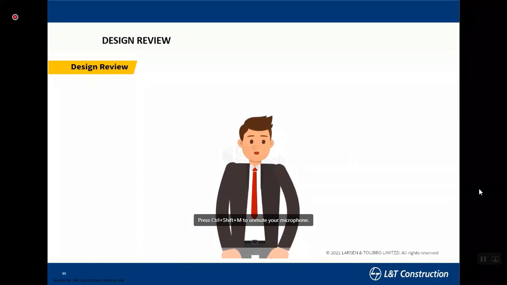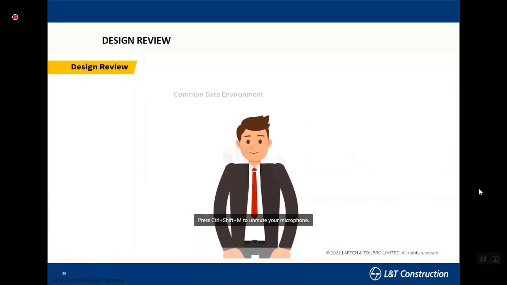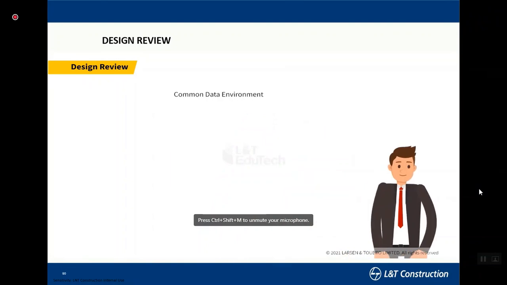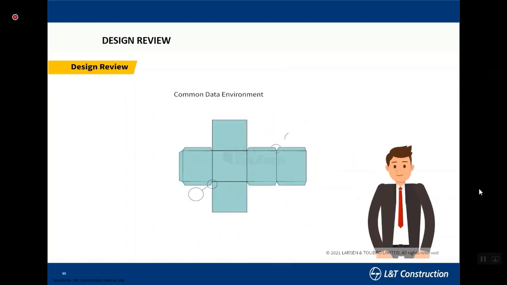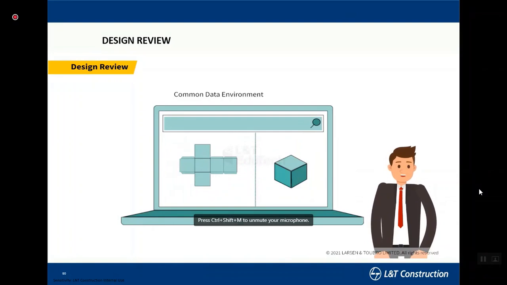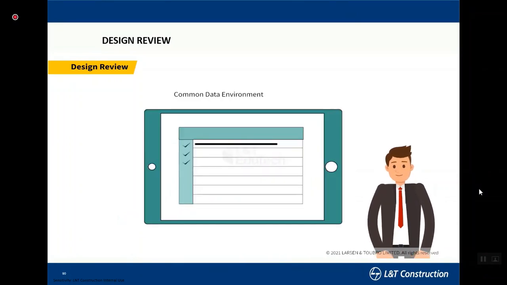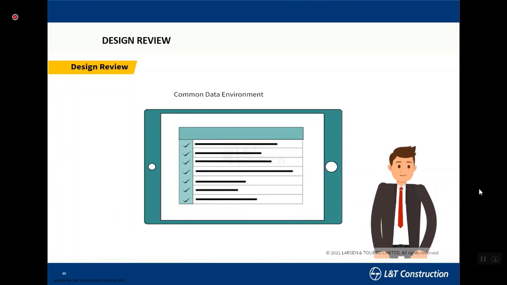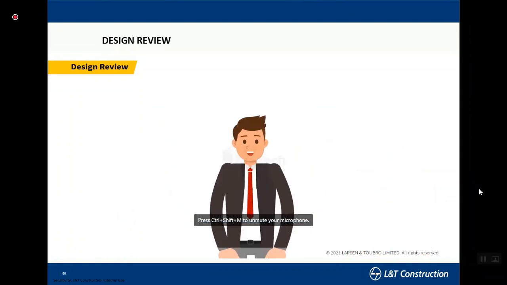So we switched to BIM review tools on common data environment. Now the team can review and mark up design data on any device from any location. Switch models or 2D sheets straight from the browser and even assign and manage issues all in one place.